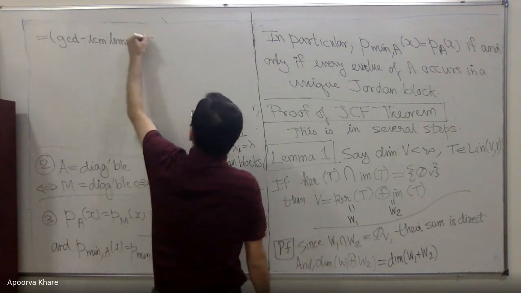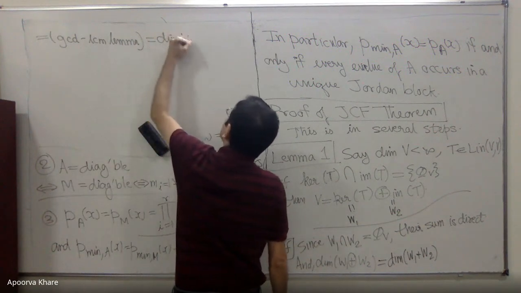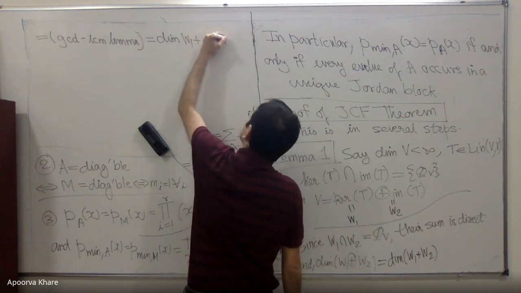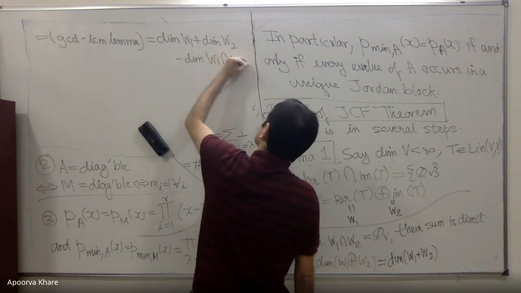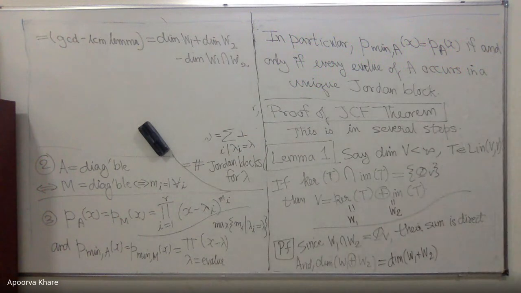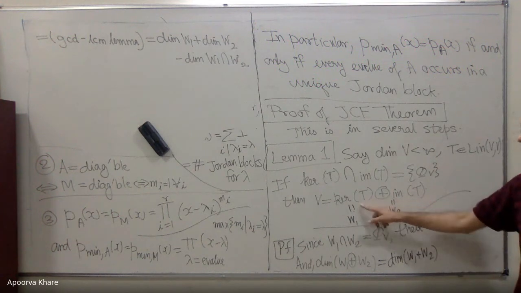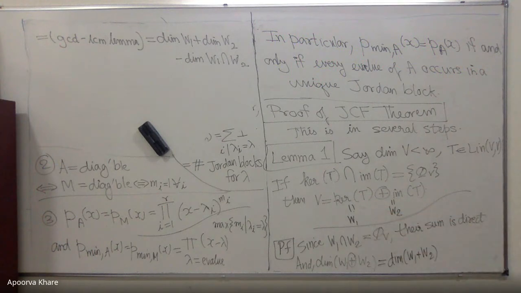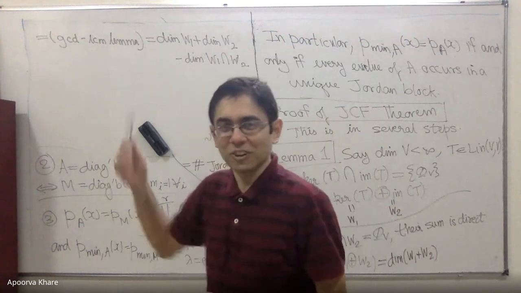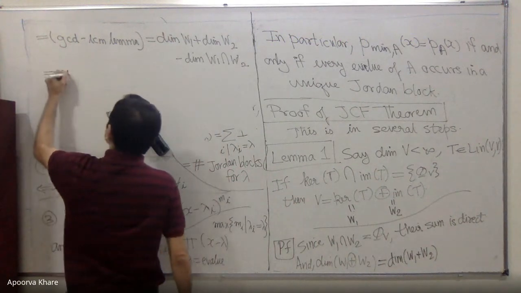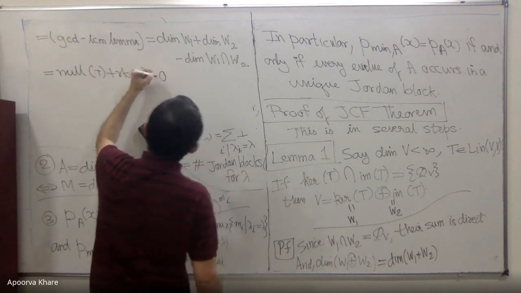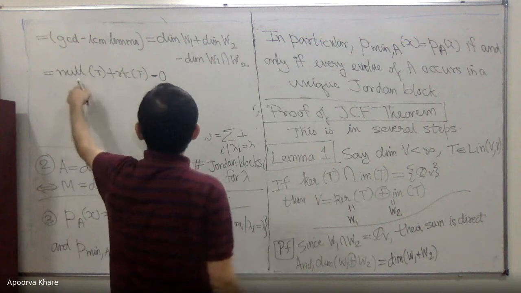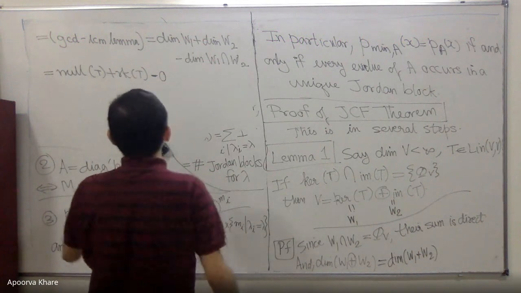It is equal to dimension W1 plus dimension W2 minus dimension of the intersection. Okay, but what is W1? It is the kernel. What is W2? It is the image. The dimension of the image is called the rank. The dimension of the kernel is called the nullity. And we do have the rank nullity theorem. So this is equal to nullity of T plus rank of T minus 0, because the intersection is given to be 0. Well, what is rank plus nullity? The rank nullity theorem tells us this is the dimension of V.